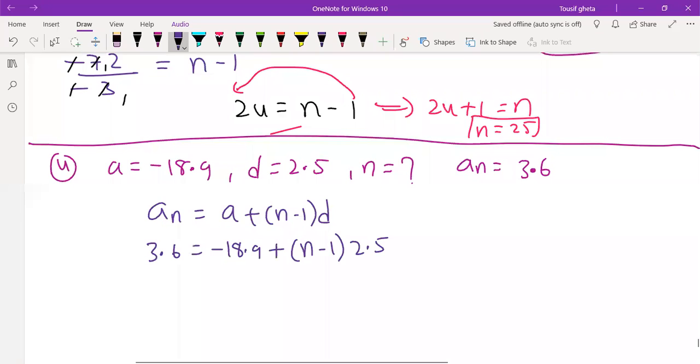Now shall I multiply or use the cross method? First thing I will take this one here, so 3.6 plus 18.9. And this one you can write here, 2.5 into n. This 2.5 ones are 2.5.